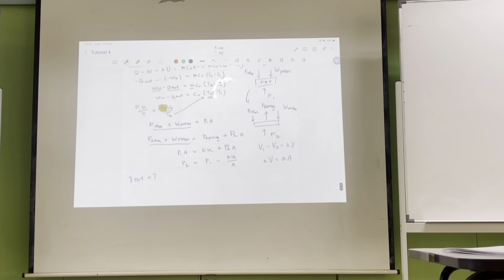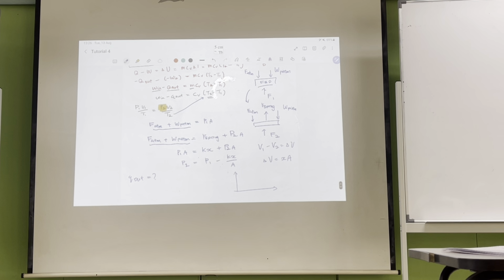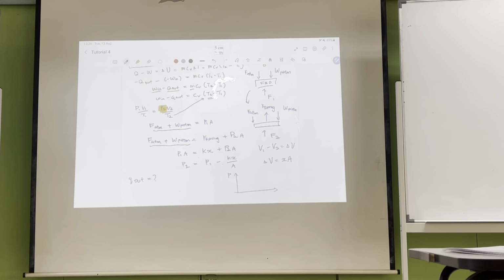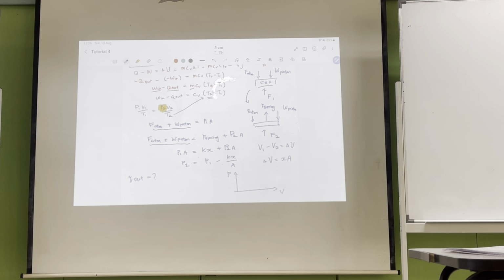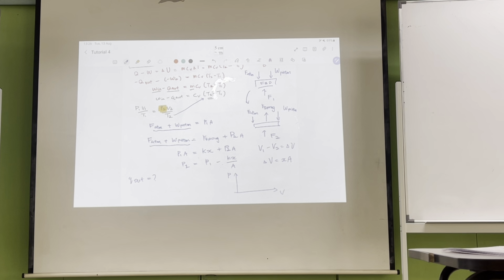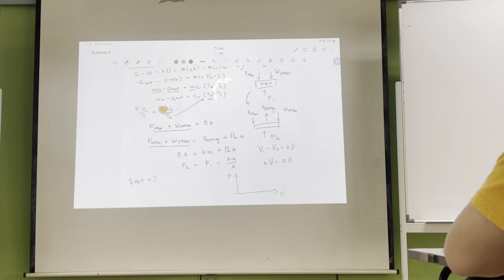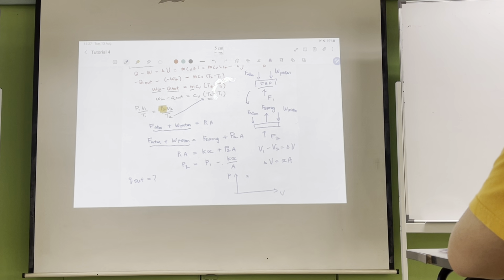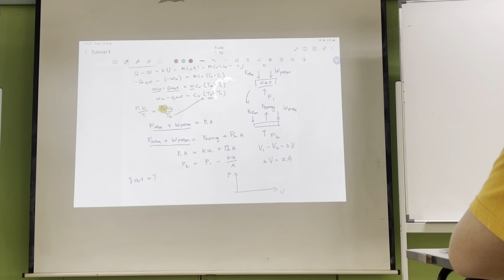Now, if you are asked to draw this graph, since we are dealing with a spring, it is very easy. Let's say if you're asked to draw a PV diagram. When you have a spring, the graph is very easy to draw because it is just a linear line. Initial V is a larger value, so V1.